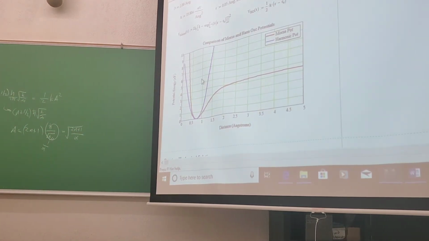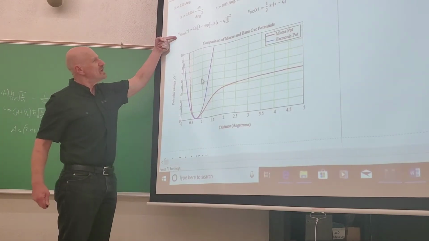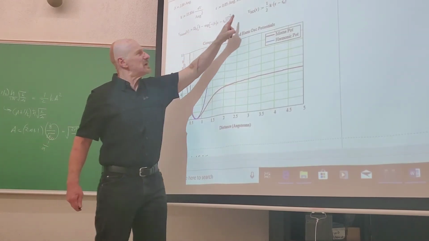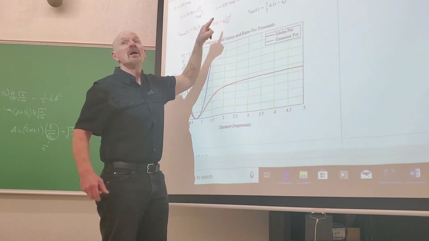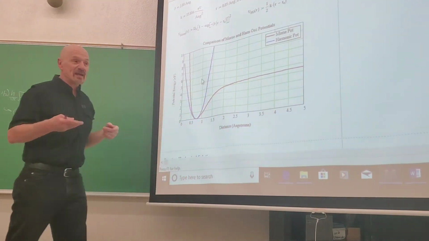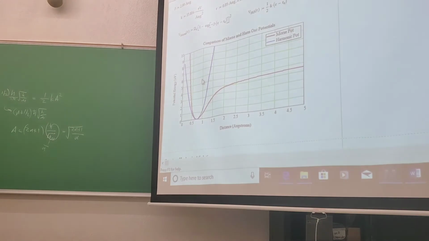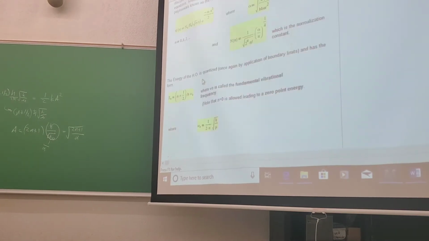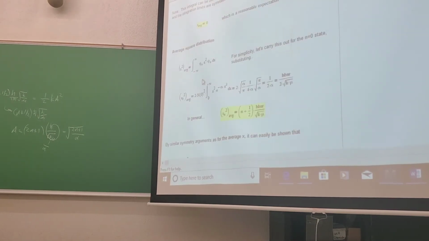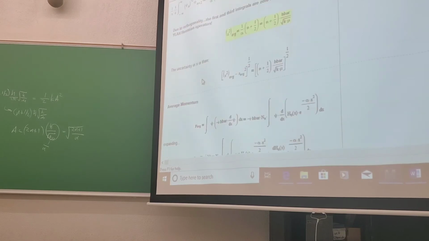Well, if you go back and use this potential here instead of the Hooke's law potential and do the quantum mechanics again, you have to do another series solution, but you come up with an energy correction. This is what we need for next Tuesday.